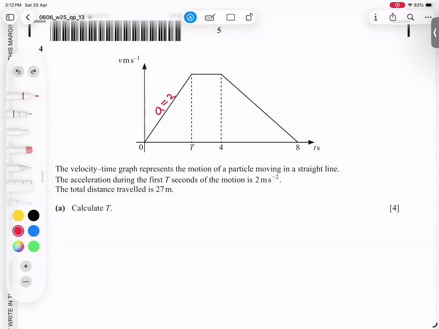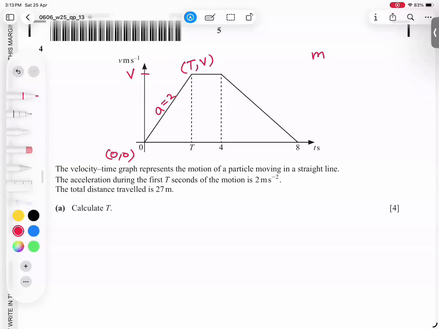First of all, what are the coordinates of this point? x is t, y is unknown. I can consider, let's say, that it is v, because it's not mentioned at all. So what are the coordinates of this point, t and v? And what are the coordinates here? 0 and 0. So what is the gradient formula?